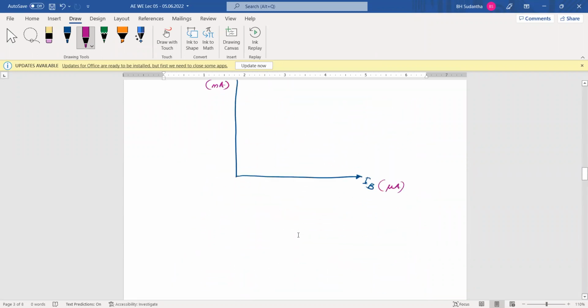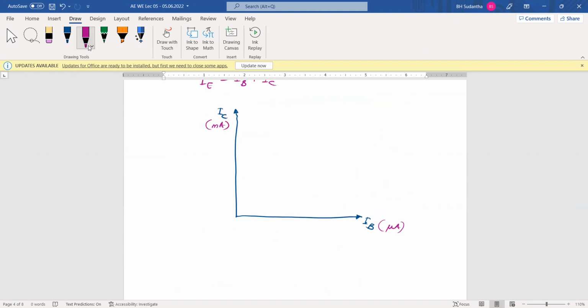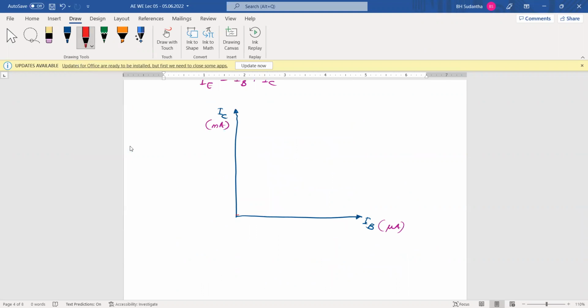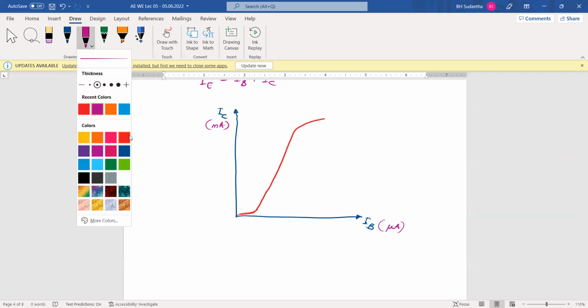Okay. We can draw this one like this. Then we can identify here we have three regions.